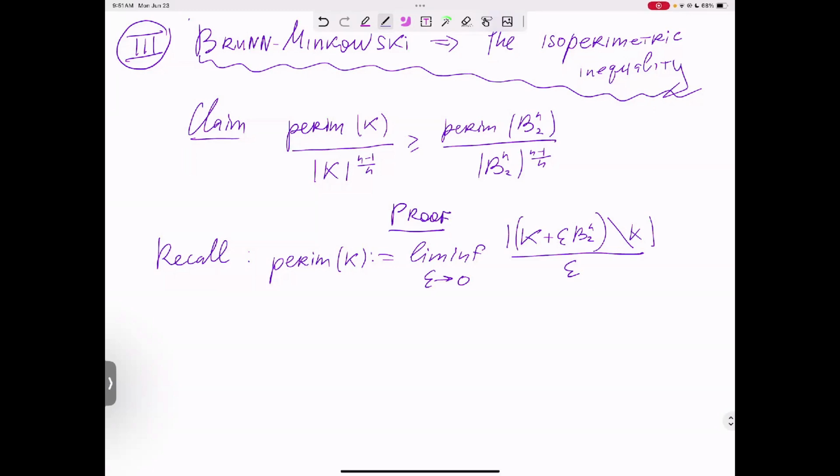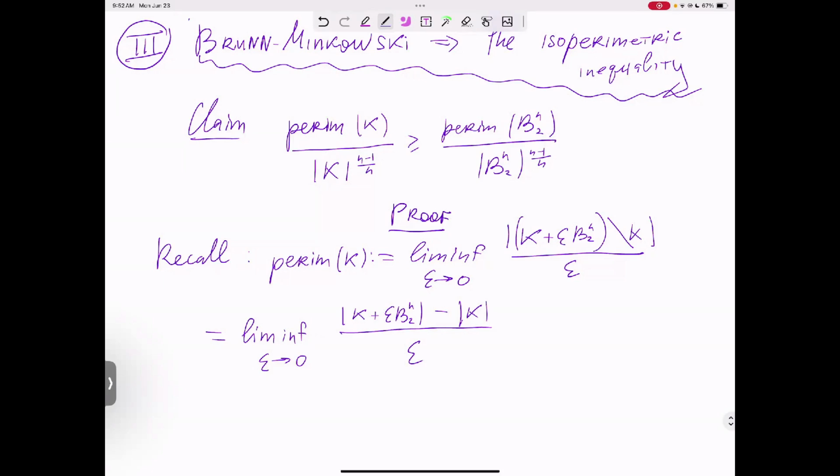So in other words, it's the limit of the volume of K plus epsilon ball minus the volume of K divided by epsilon. Do you agree? So we want to estimate this creature from below.